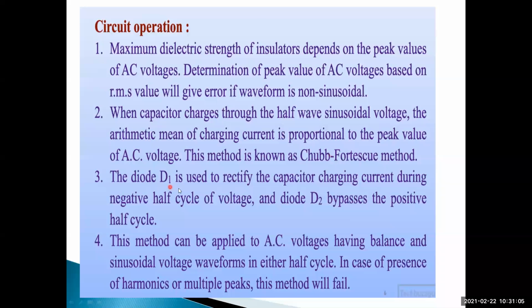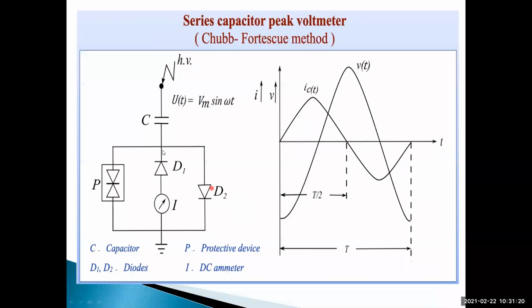The diode D1 is used to rectify the capacitor charging current during the negative half cycle of voltage, and the diode D2 is used to bypass the positive half cycle. During the negative half cycle, diode D2 is reverse biased and diode D1 is forward biased.